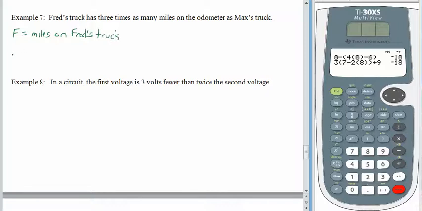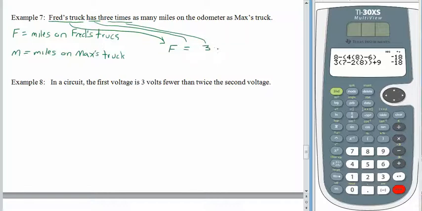And while we're at it, let's let M be the miles on Max's truck. So when we say Fred's truck, what we really mean are the miles on Fred's truck. Has, that's our is, our equals. 3 times, well, that's pretty easy. Let's multiply something by 3. As many miles on the odometer as, and so we want to talk about the miles on Max's truck. And there we go. That's it.